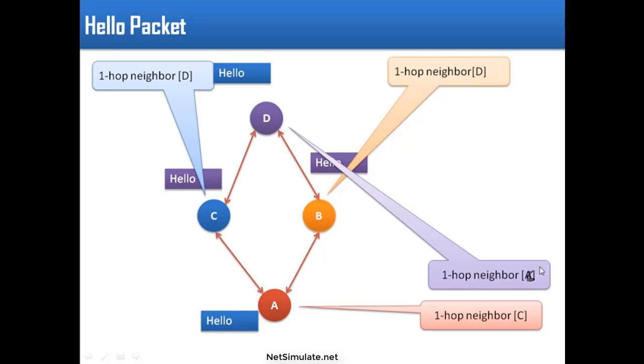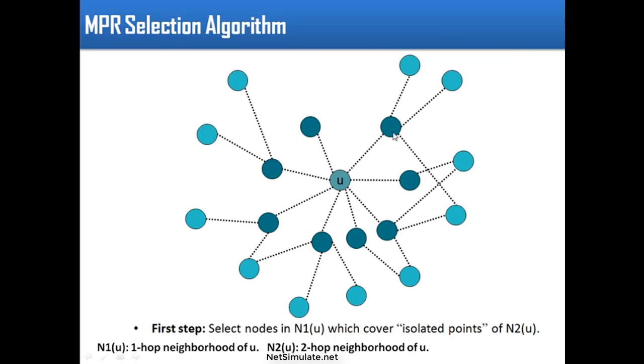D will find out C is my one hop neighbor. A also will find out C is my one hop neighbor. Now A will send hello message. So C, B will find out A is also their one hop neighbor, and they will update their neighbors table.